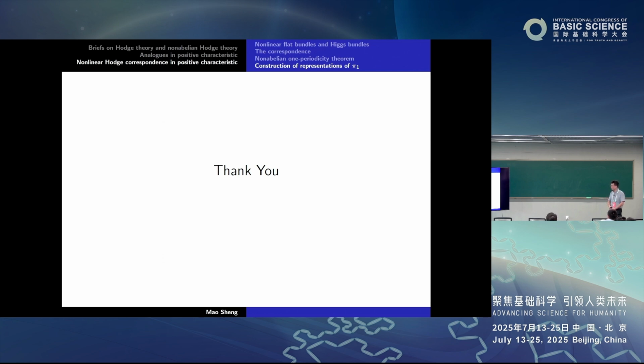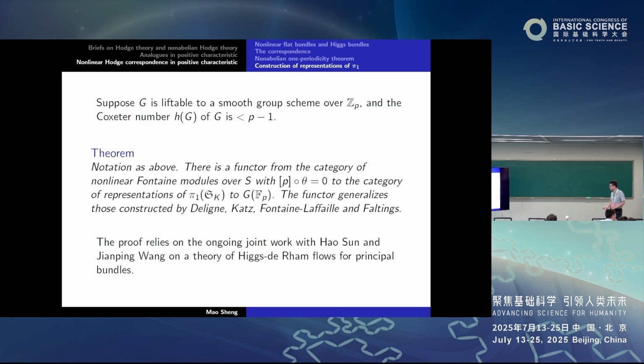So I don't have a very precise new application. Maybe in some sense to produce representations in a different way.